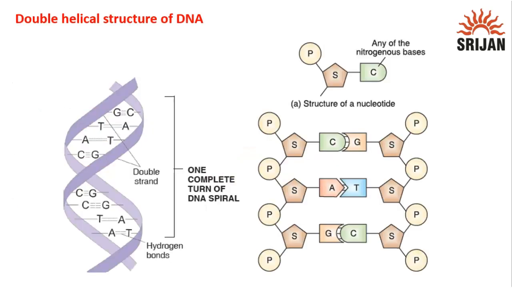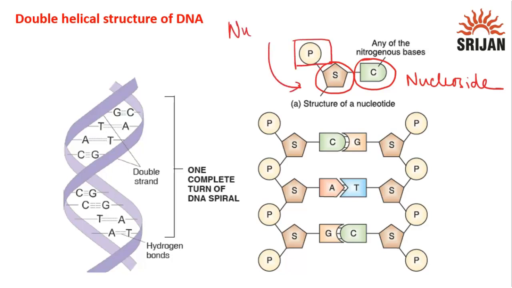So here we can see that the sugar, that is a pentose sugar called deoxyribose, combines with the base, and these two are actually nucleosides. And when it is connected to a phosphate group, then the entire structure is known as nucleotide.